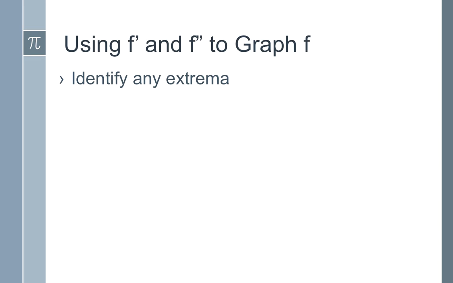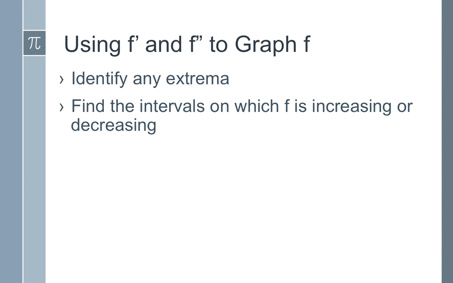So if you were trying to graph the function f, and you're given things about f prime and f double prime, or even if you're given the graphs, here's what you need to do. You need to identify any extreme values, any minimums or maximums. Find the intervals that make the function increasing or decreasing.